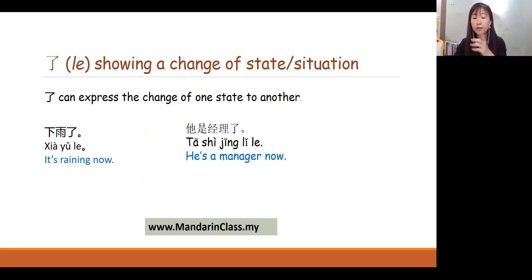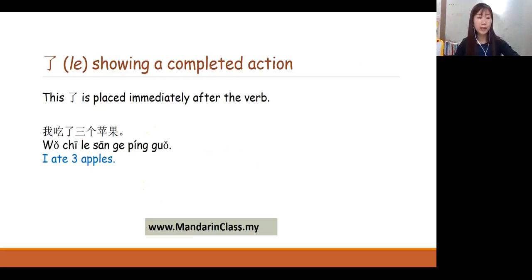So 了 of course is not only for the verb, it also can be the noun. So 他是经理了, and 经理 is a noun. Okay? 好，来我们来看下一个。我吃了3个苹果。Now this 了 is the verb. 我吃了3个苹果。So 吃 is a verb. The 吃了 means ate. Okay, past tense. It's very simple in English.